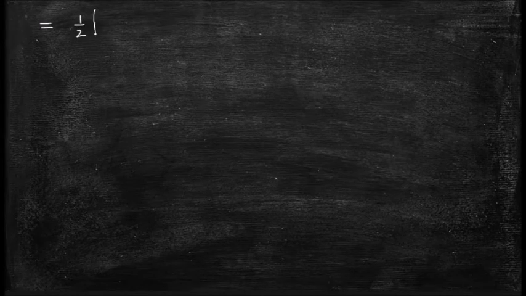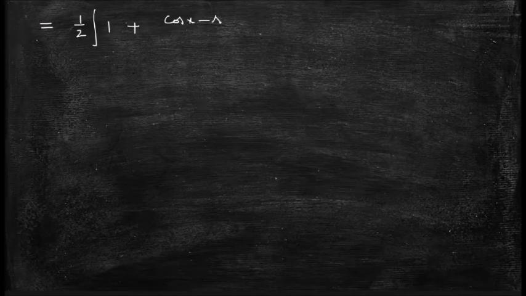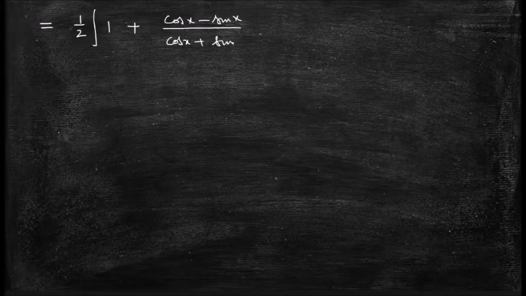Writing the previous step again here, it is half times integration of (1 plus cos x minus sin x) by (cos x plus sin x) dx.